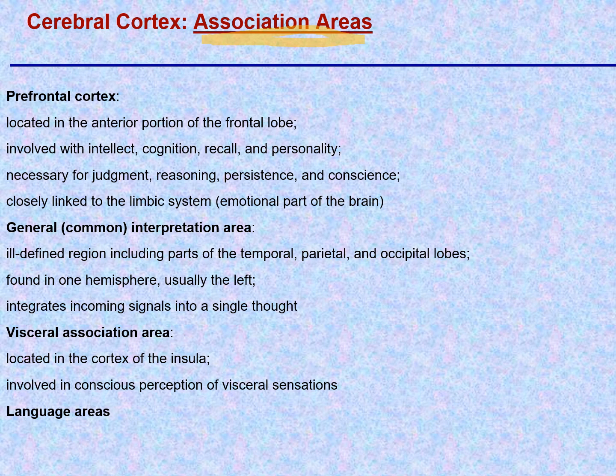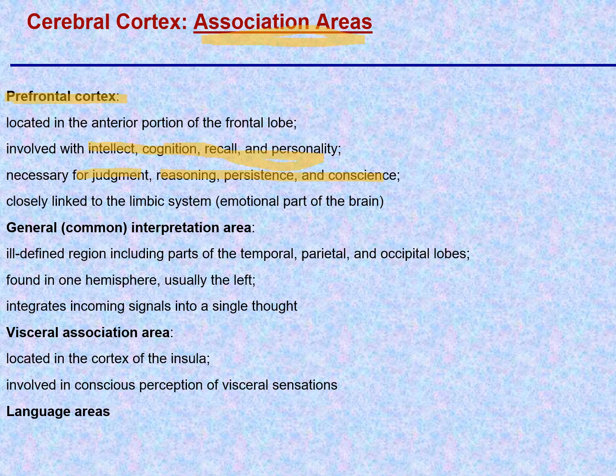One of the key areas is the prefrontal cortex, and that's located in the anterior front part of the frontal lobe. And it's involved in intellect, cognition, recall, many different functions. It's what makes you able to think clearly and judge and perceive and be conscious.